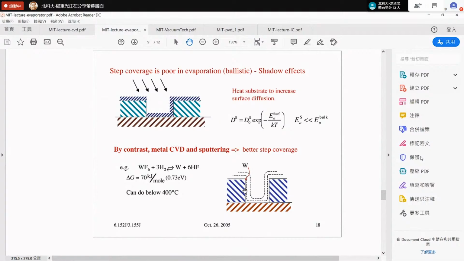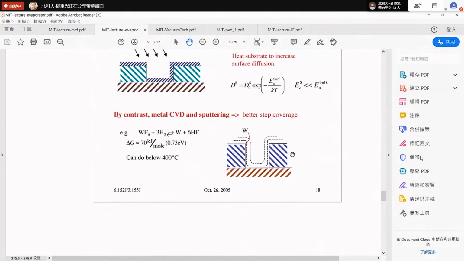So this is how we do it. By contrast, metal CVD and sputtering can do a better job. So we don't use evaporation for this kind of trench, but we do use CVD and sputtering for the trench because they provide better step coverage.